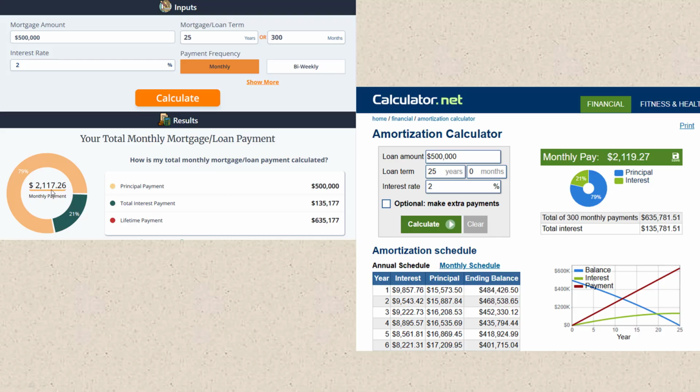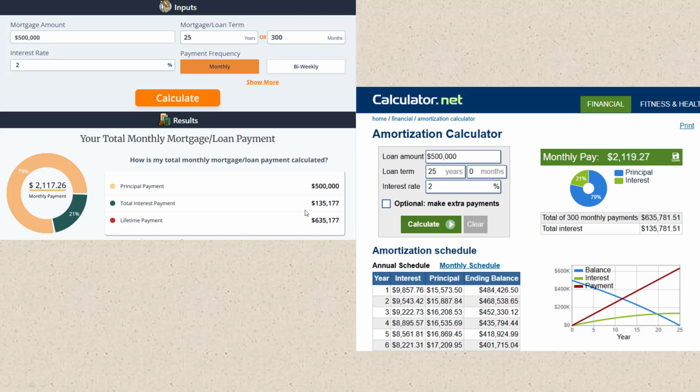So notice the monthly payment here. Now, I've got the same amount, $500,000, 2% for 25 years, so it's the same here. Notice the monthly payment only differs by about $2. So it's $2,117.26 versus $2,119.27. Okay, so even though it's not Canadian, the numbers are extremely close.